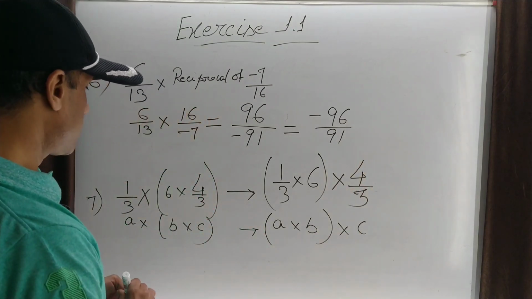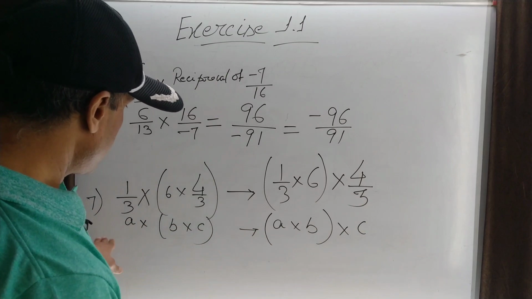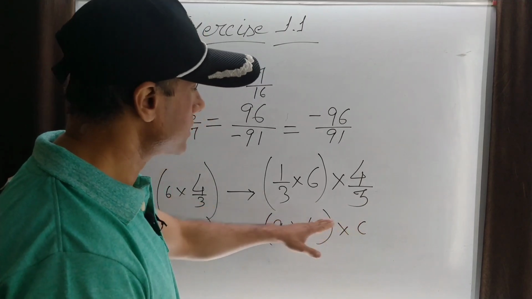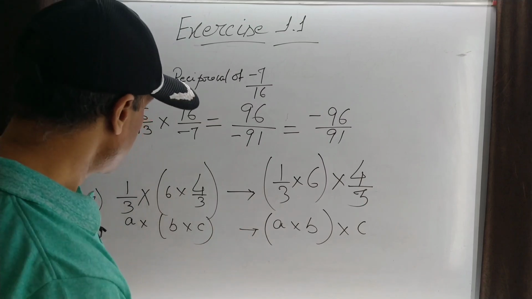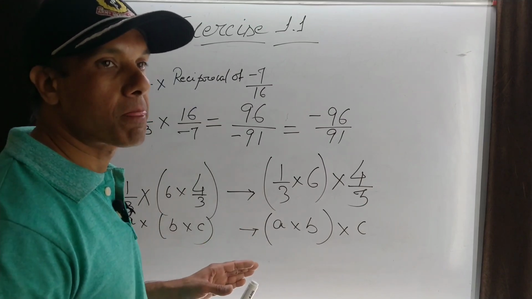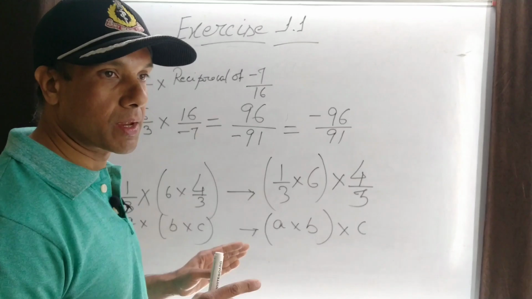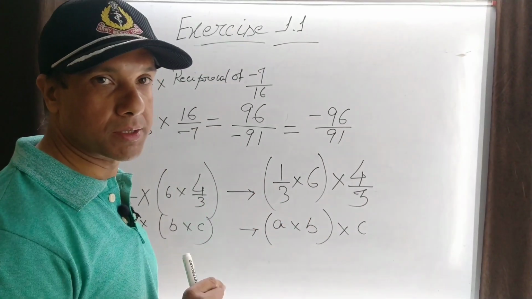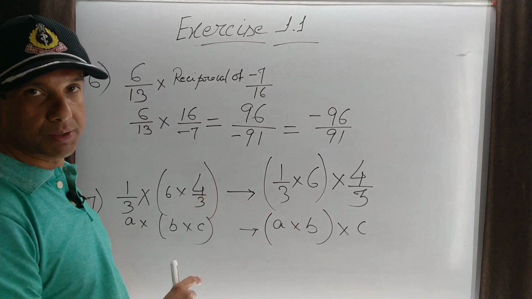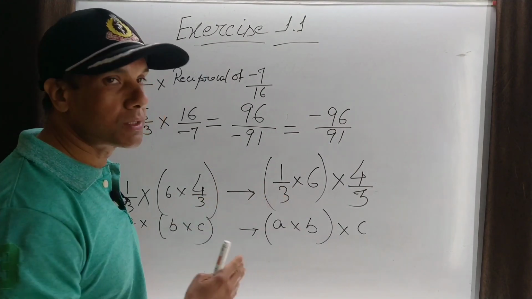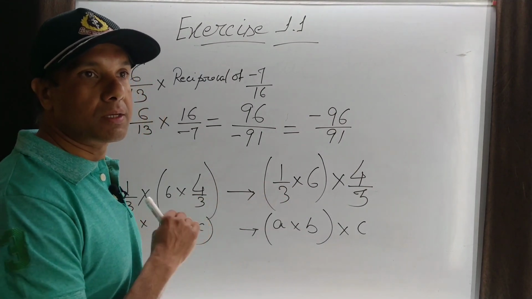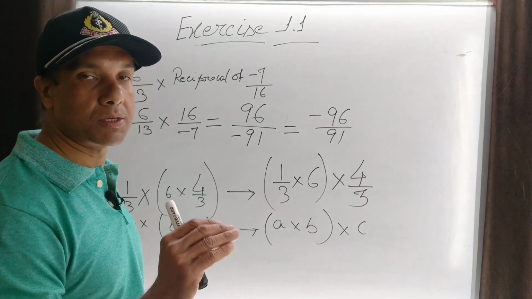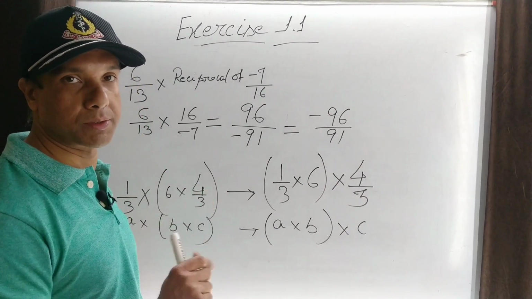So you can see a bracket doesn't make any difference, a change in position doesn't make any difference. This property is known as the associative property, associativity of rational numbers in multiplication. That means if you change the position or if you close it under bracket, the result doesn't change. Correct? This property is known as the associative property of rational numbers.